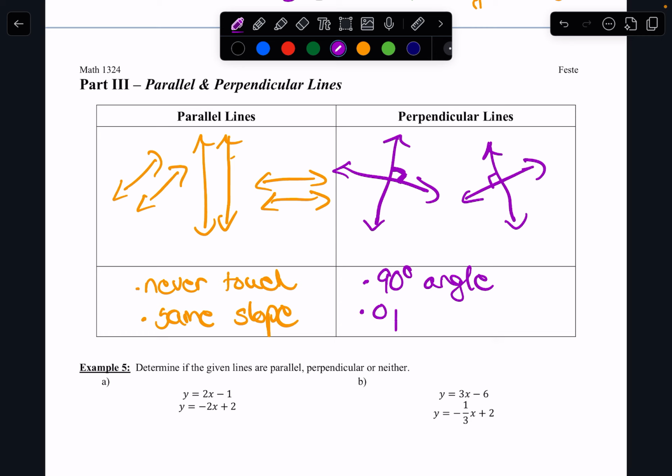And so their slopes are opposite signs and reciprocals. So we're going to look at examples. What does that actually mean?